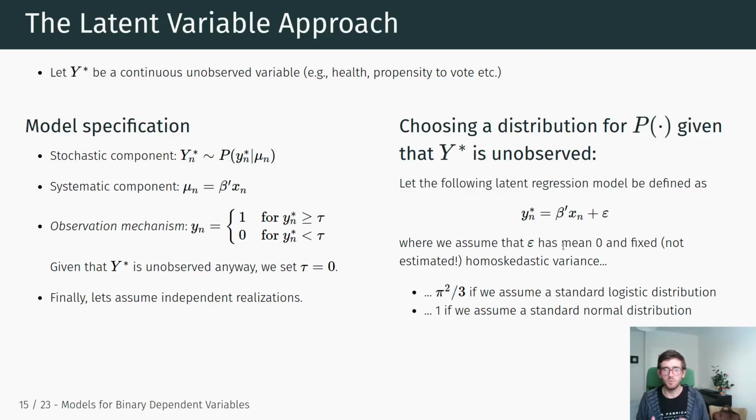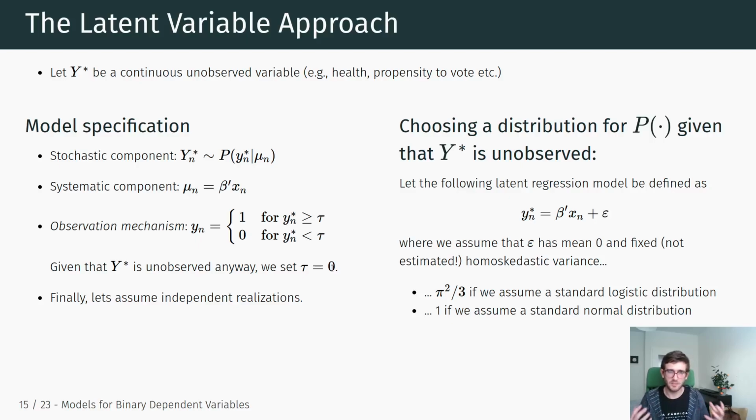Because y star is ultimately unobserved, because it's a latent construct that we can't directly measure, similar to this tau being equal to 0, we just have to make certain identifying assumptions, right? And then based on those assumptions, we get certain coefficients.